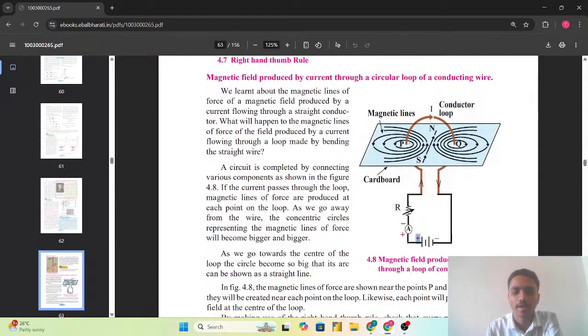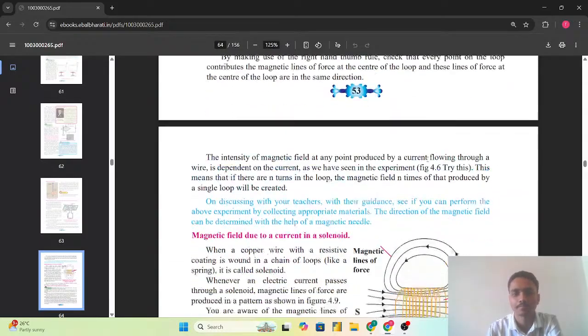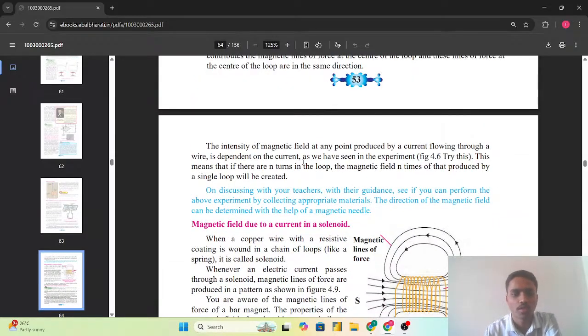The magnetic lines of the force are in concentric circles. But as we move away from the current carrying conductor, the magnetic lines of force go on increasing in size, and at one point they become a straight line. So this was the experiment.